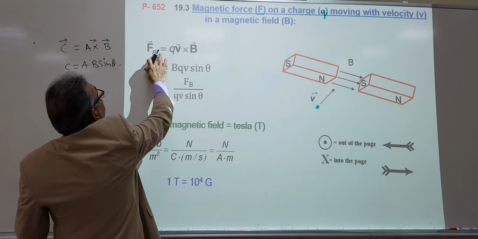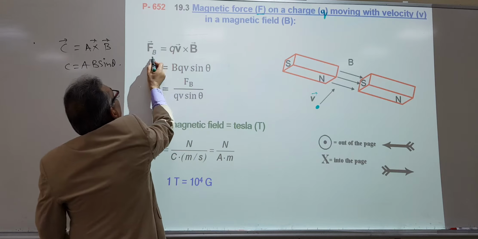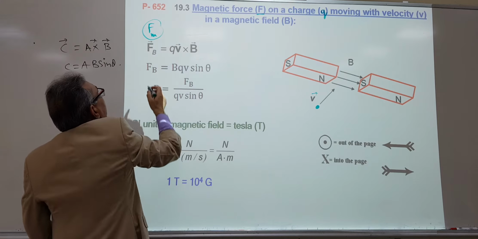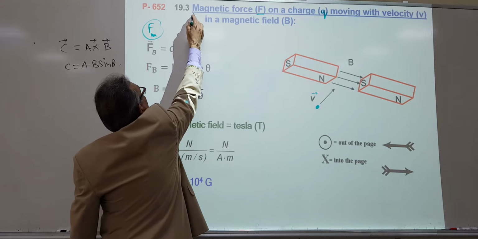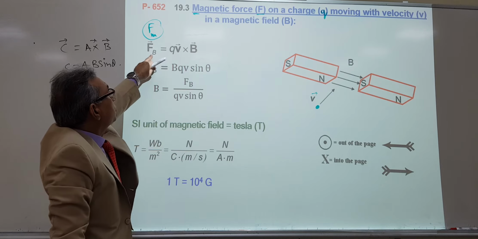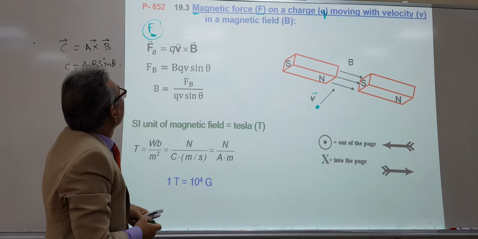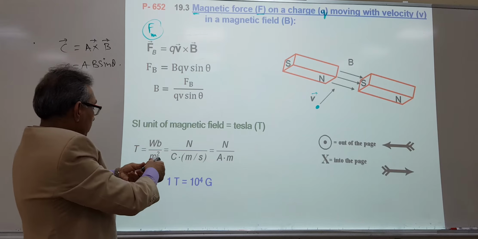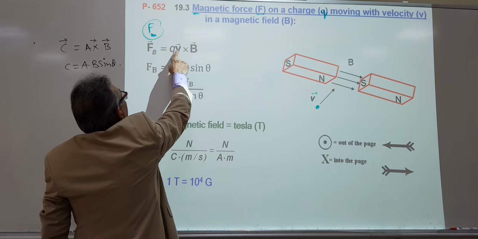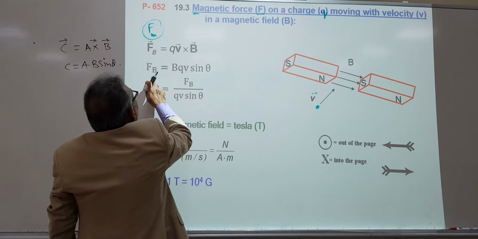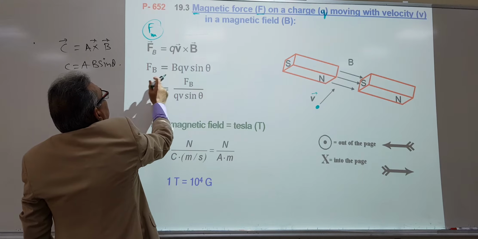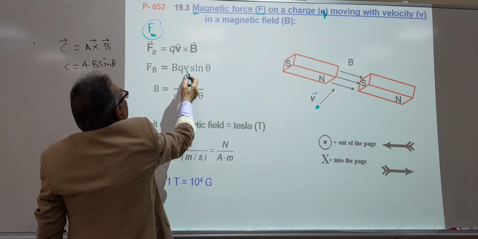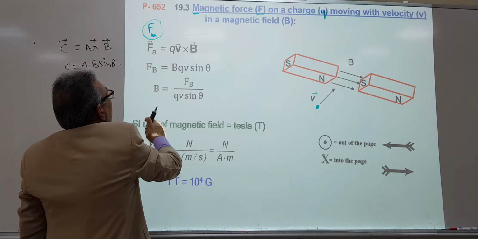So this is the magnetic force F or FB, or sometimes you may have seen it FM, M for magnetic force, or B due to magnetic field. So this is A cross B, AB sine theta. Now these are the vectors. If I talk about the magnitude, it is Q V B sine theta, right?